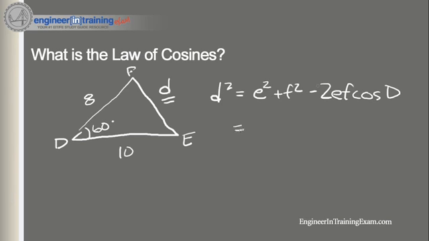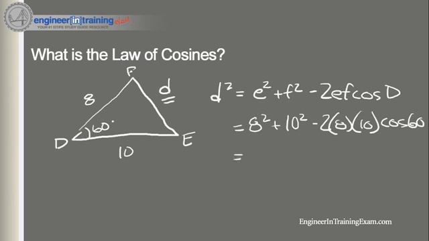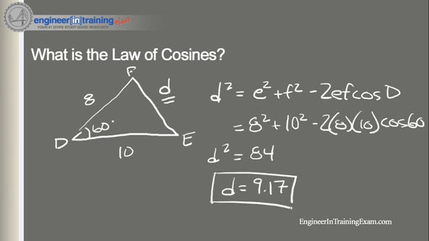This is angle E, so opposite is going to be side e, which is going to be this first term, which is going to be 8 squared plus 10 squared minus 2 times 8 times 10 cosine of 60. And so we can just use our calculators and calculate this out. It comes down to d squared is equal to 84. Taking the square root, we get d is equal to 9.17. So that is the length of our third unknown side.